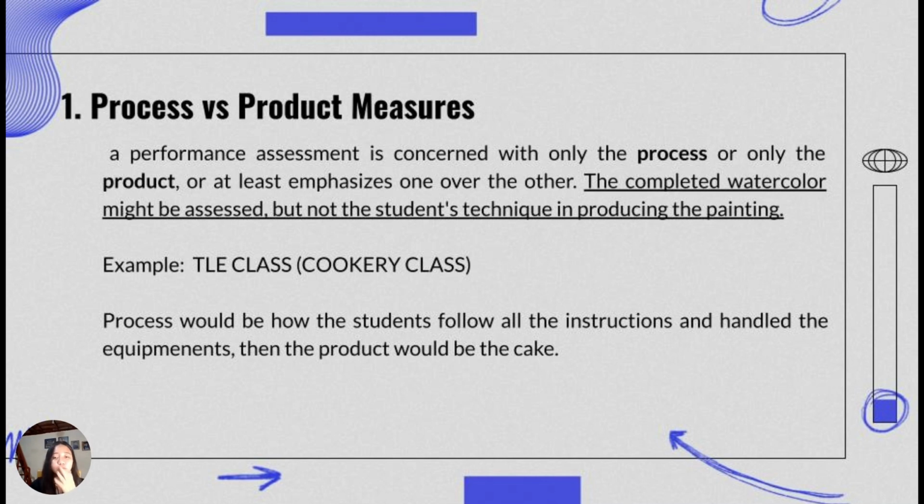Another example, in cooking class or in TLE class, the teacher will ask the student to bake a cake. So the time they took to properly preheat the oven, mixing the eggs and butter is called the process. And once all the steps are taken, the final product would be the cake.